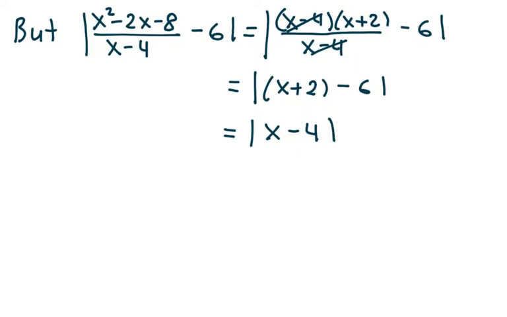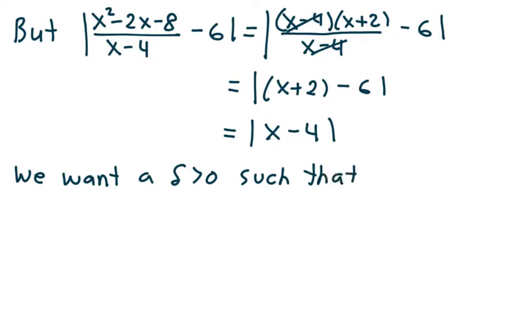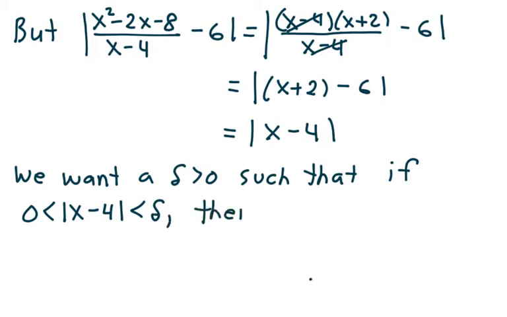And we're ready. So what that says is we want a delta positive such that if 0 is less than the absolute value of x minus 4, which is less than delta, then the absolute value of x minus 4 is less than epsilon.